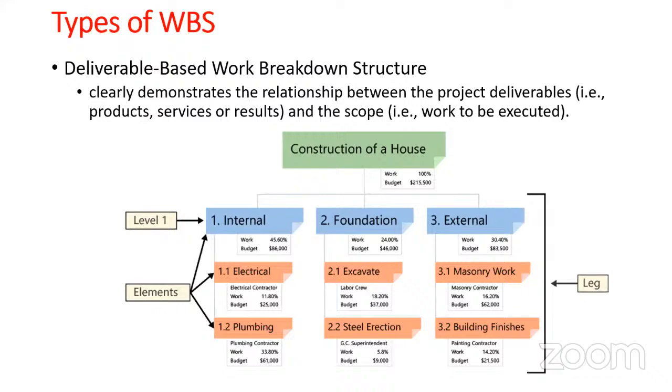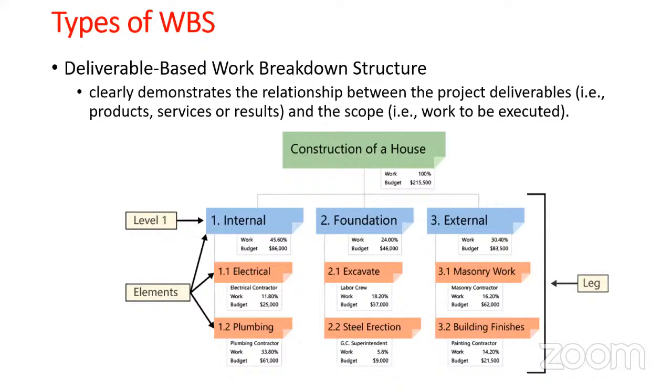If you look at this, it doesn't really give you the tasks, as it were. It only gives you a broad view of what the work is all about. For instance, the level 1 phases, you have internal, foundation, external. So it doesn't really tell you the work to be done, but it tells you the scope of the work, but it doesn't give you the tasks in each of those scopes.